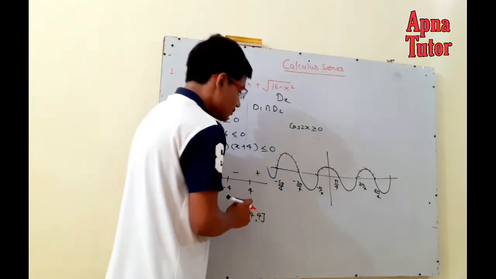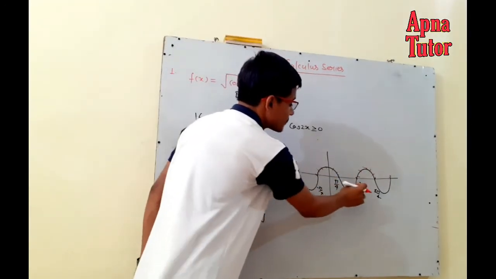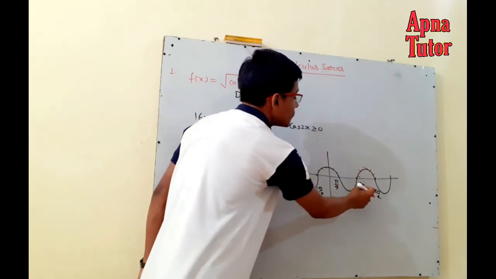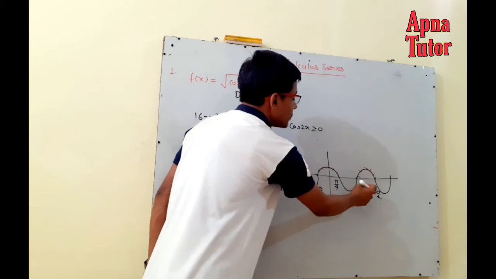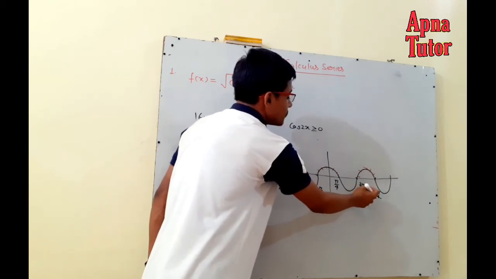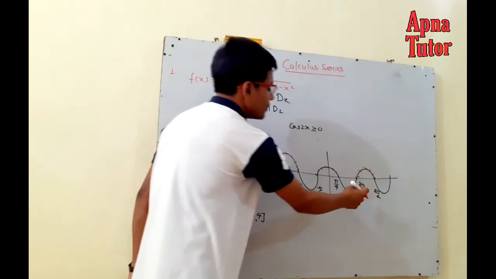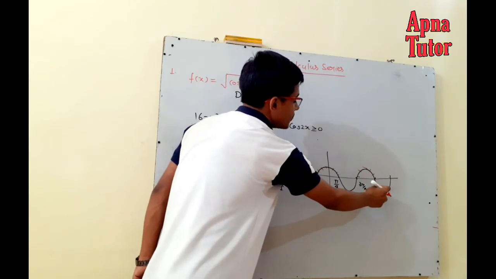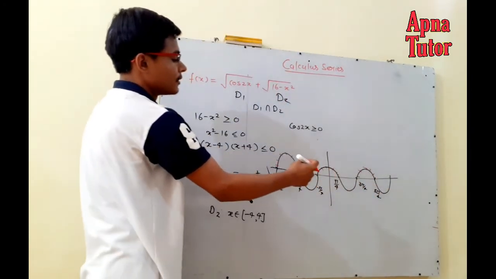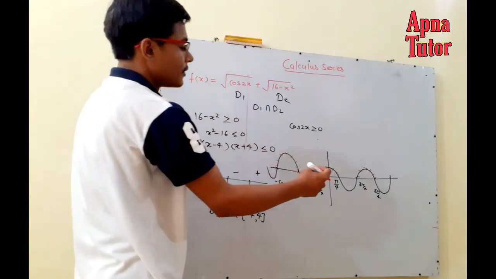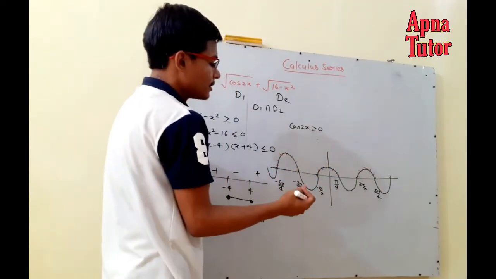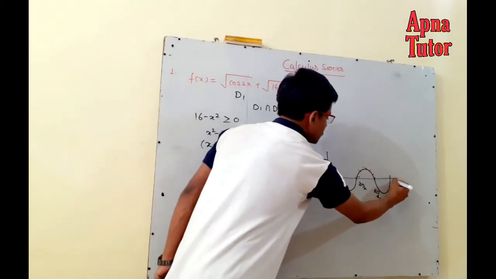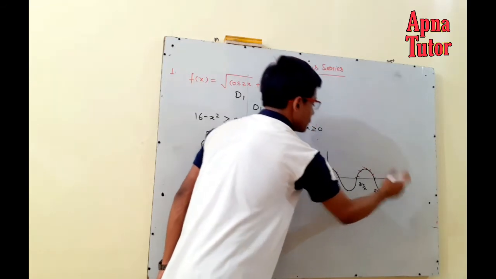So pi by 4 comes under 4, and 3 pi by 4, which is about 2.25, will also be under 4. 5 pi by 4 will also come in 4, but 7 pi by 4 will not.